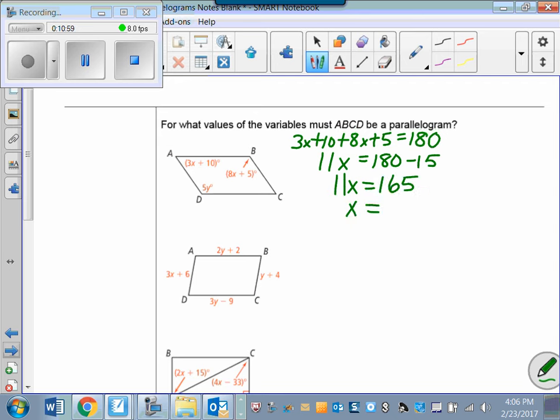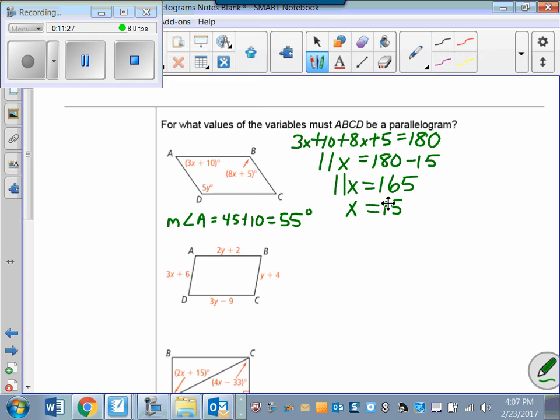So x is going to be 15. Okay, so let's just go ahead and plug that in and figure out the measure of angle A. The measure of angle A is 3 times 15, which is 45, plus 10, which is 55. 55 degrees, and I know that that has to be supplementary to angle D, right?